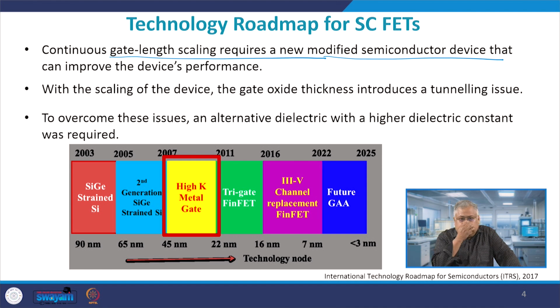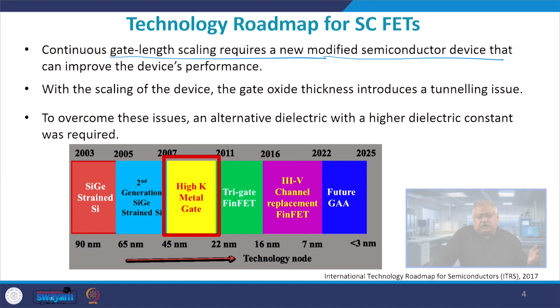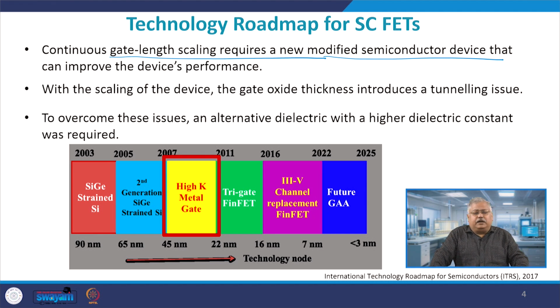The idea here is that if you do not reduce your oxide thickness, you end up having strong electric fields, and they might destroy the performance of the device. Secondly, if you go very small in oxide thickness, there might be a problem of direct tunneling through the oxide layer. The problem is that you have a large leakage current. As I discussed with you earlier, there are alternative dielectrics available with us.